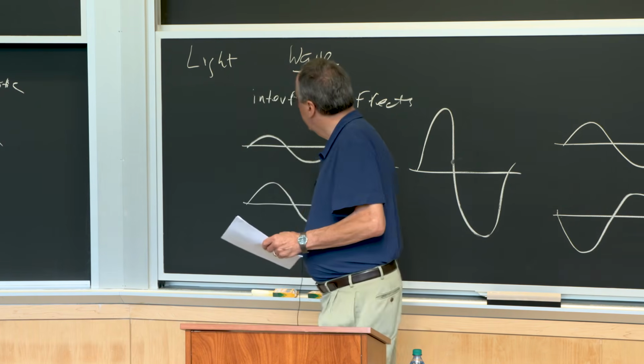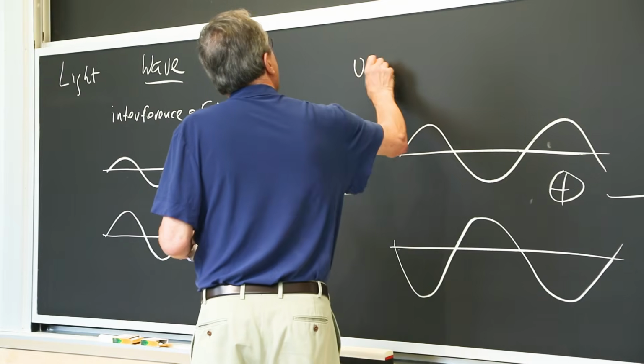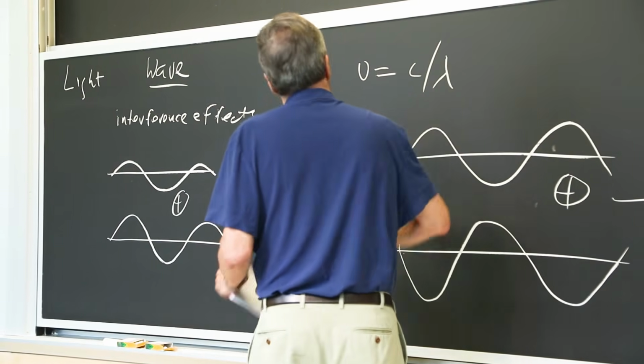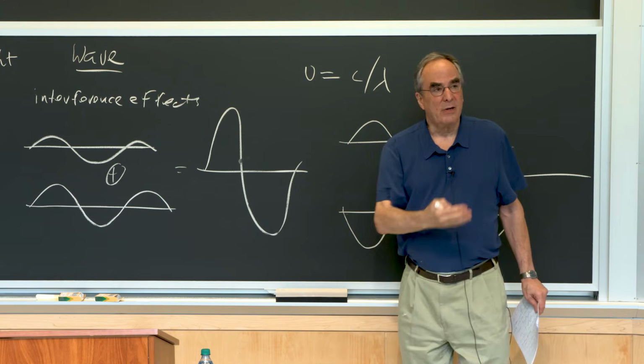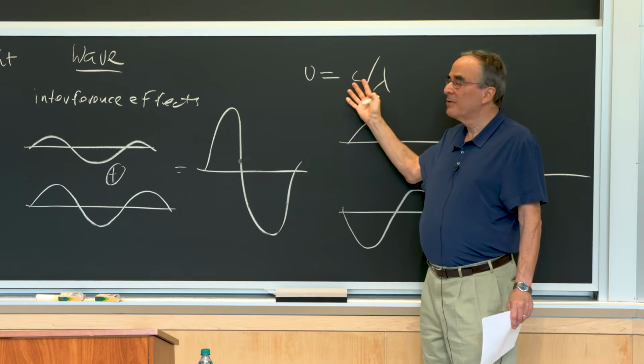Okay, so waves have a frequency and a velocity and a wavelength. And now here, what is nu? Nu is c over lambda.